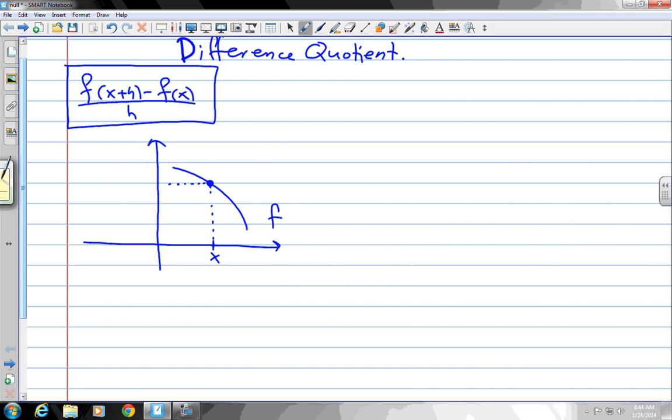So therefore, this thing right here is f of x. And what you want to do, you want to find the slope of a tangent line to the graph of this function at that point.